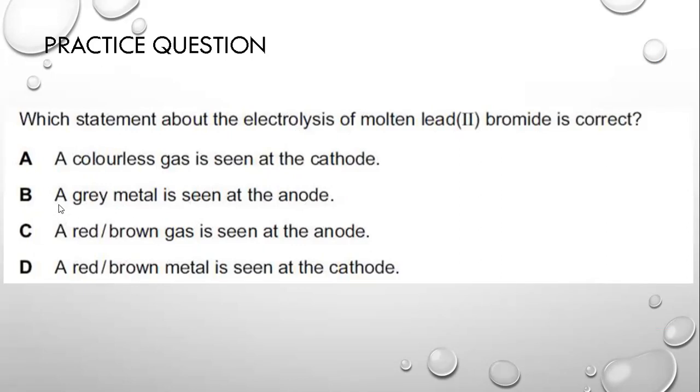Najib chose B, which says a gray metal is seen at the anode. Now, at the anode, we know that bromine gas is produced.